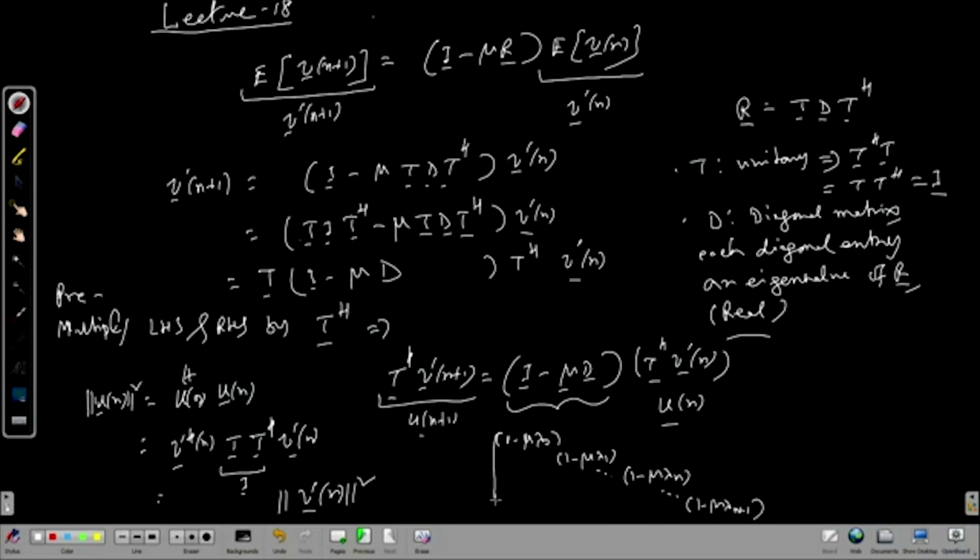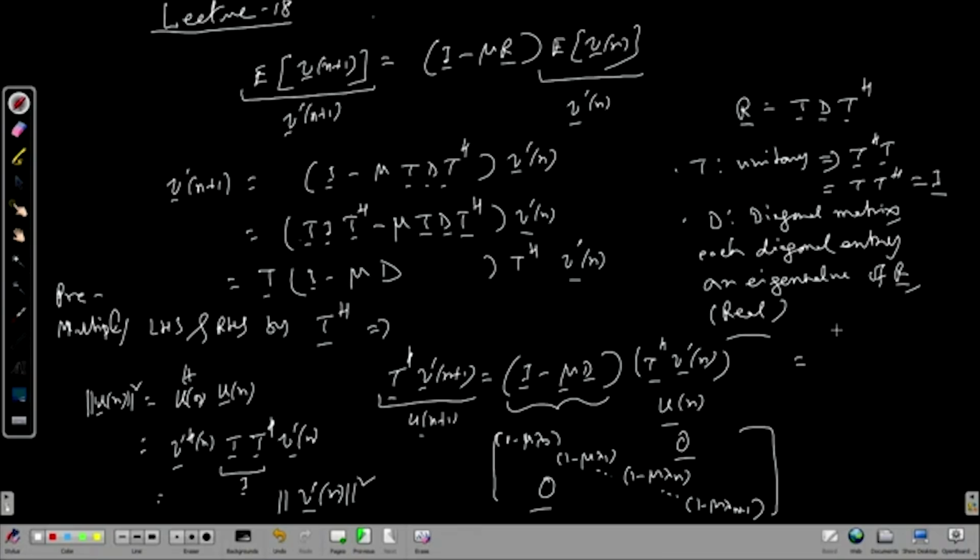All lambdas are real. This side all 0, this side all 0. This matrix multiplies U n. So, top element of U n, call it u 0 n, will be multiplied by this only. It is a diagonal matrix. Next element u 1 n will be multiplied by this one only, likewise. Okay.